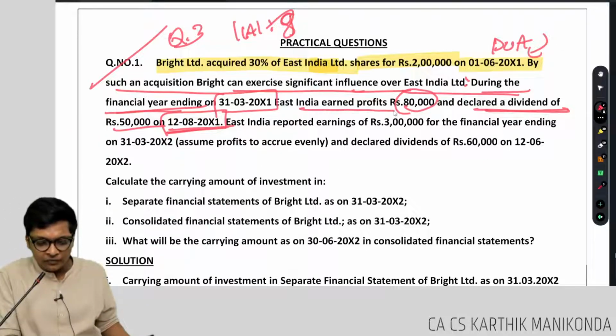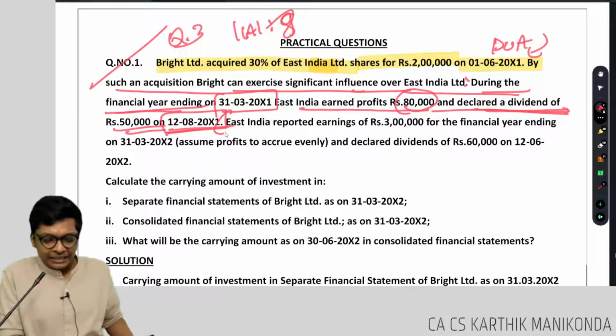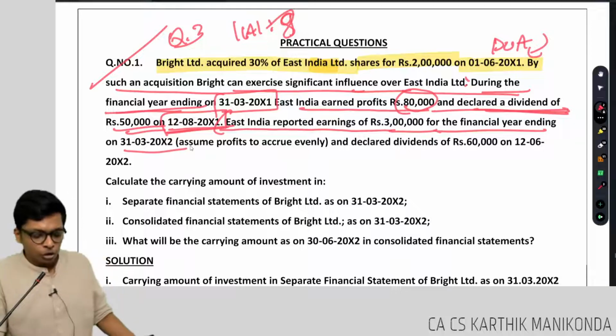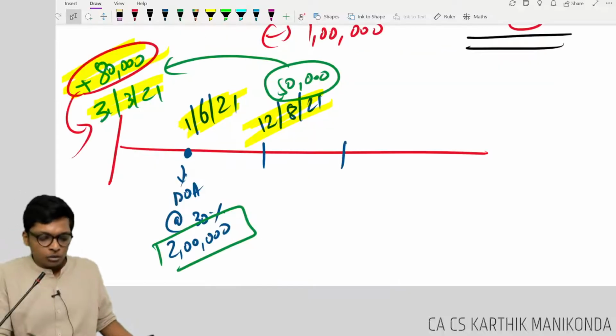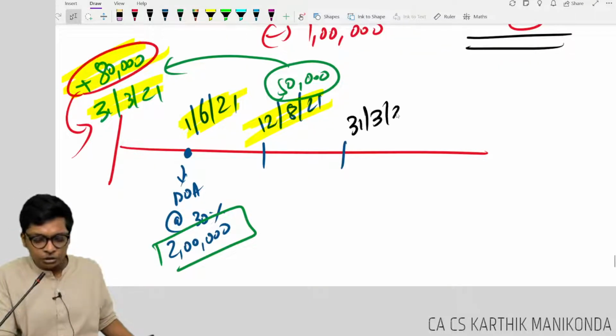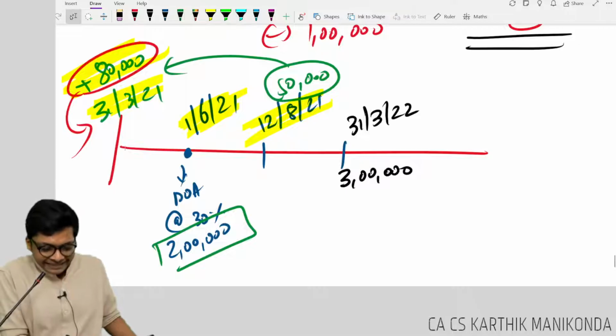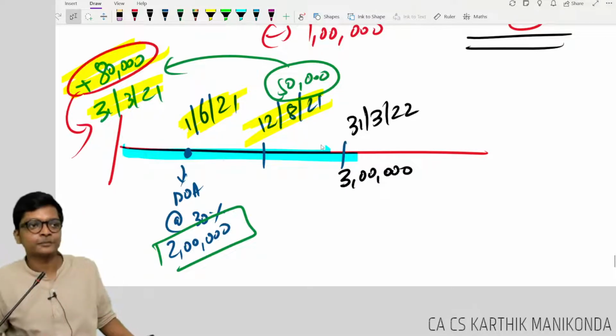Look at this, earned profits of 80 and declared dividend of 50 for that year. East India reported earnings of 3 lakh for the financial year ending 31st March 2022. So 31st March 22, they earned a profit of 3 lakh, which is for the entire year.